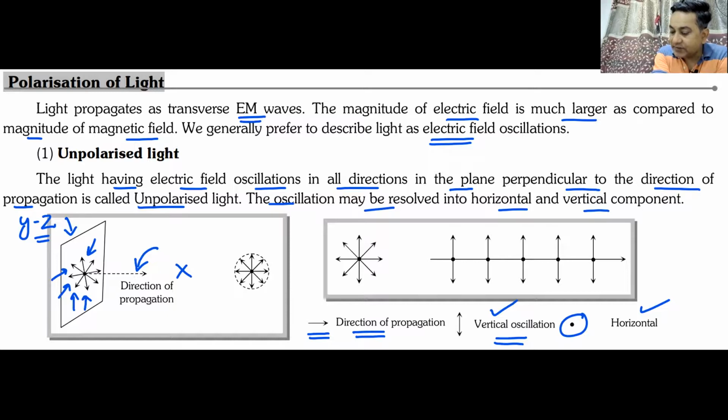So if the name of the chapter is polarization, then we must understand what would be polarized light or plane polarized light. Now, can anyone guess what is polarization of light from what we have discussed so far? Can anyone tell me what would be polarization of light?